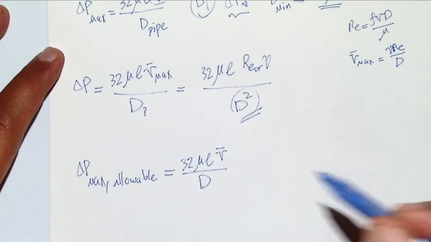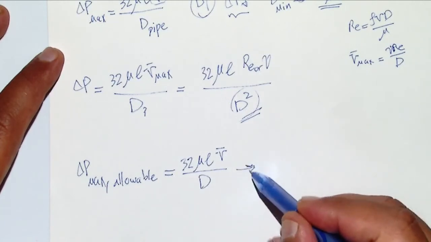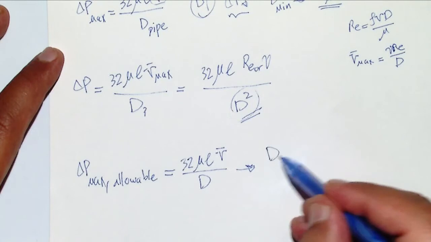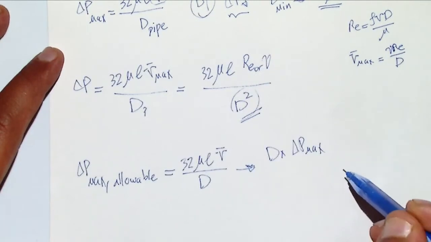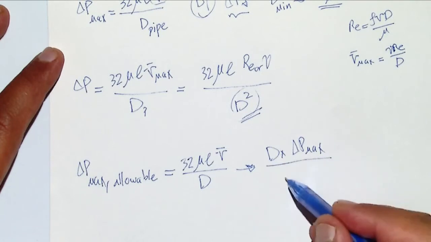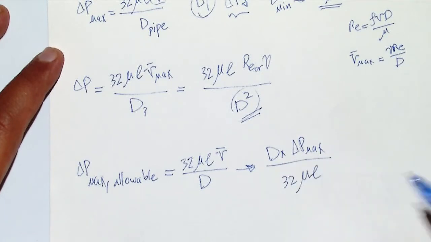If I write it down like this, d times the maximum allowable delta P over 32 mu L is equal to V bar.